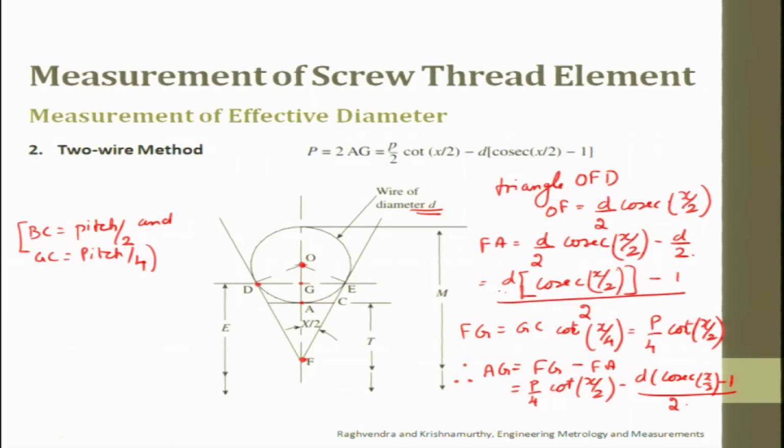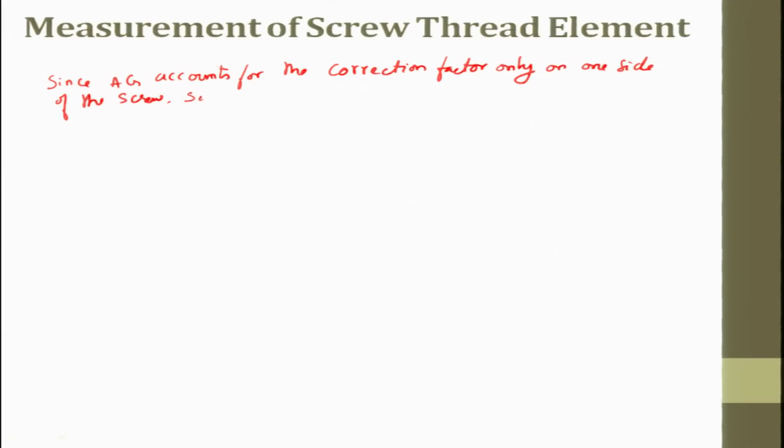After this, since AG accounts for the correction factor only on one side of the screw, we have to multiply by 2 in order to account for that on the opposite side.